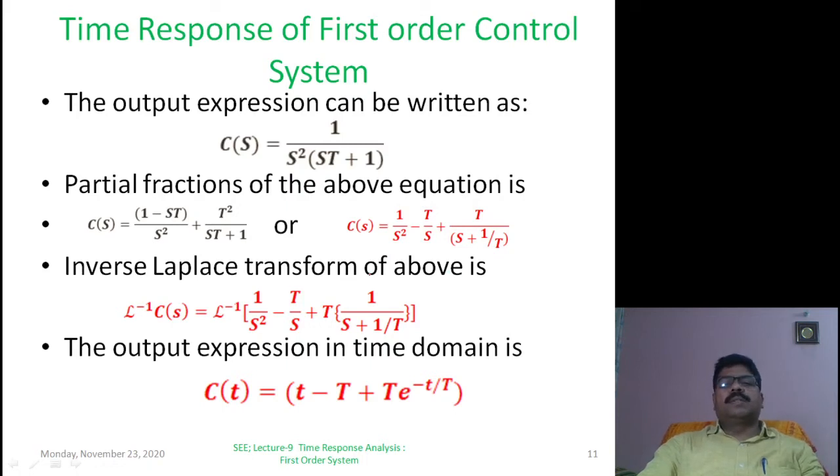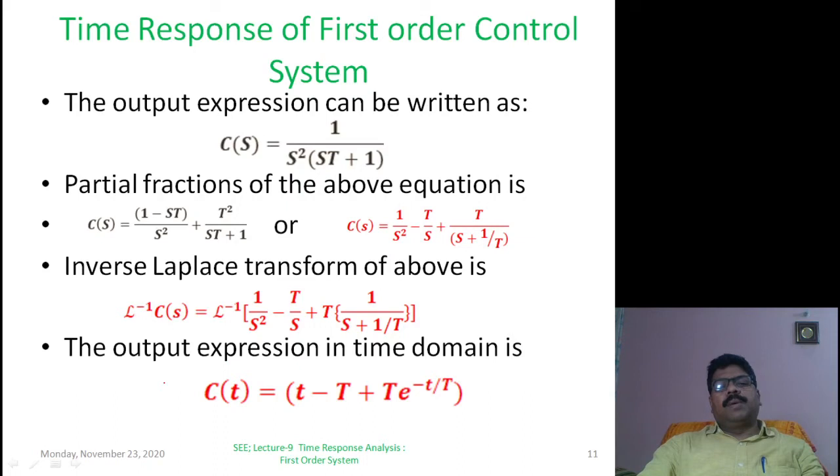On Laplace inversion, the inverse of 1 upon s square is small t, while T upon s, since 1 upon s is a unit step, will be capital T, while T upon (s plus 1 upon T) has Laplace inversion T into e to the power minus small t by capital T.